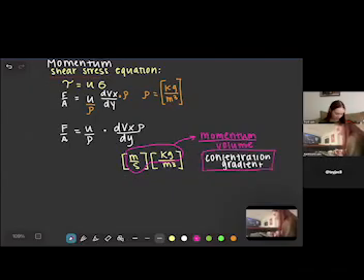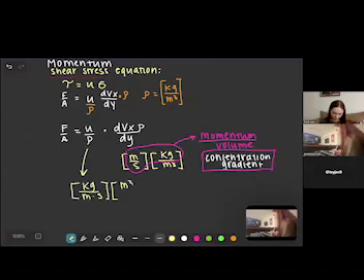Okay, now let's take a look at viscosity divided by density. So viscosity is kilograms divided by meters per second. When you divide, you have to multiply by the reciprocal, so that will be meters cubed per kilogram.